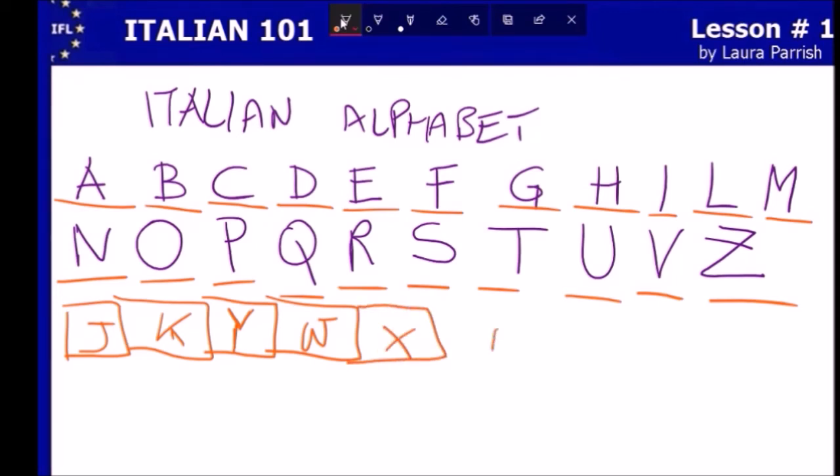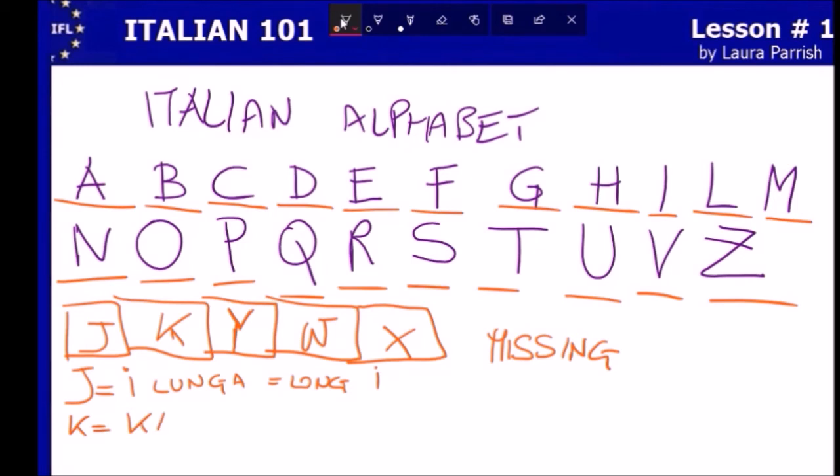So all these letters are missing in the Italian alphabet. So we don't have them. This letter, you call it J. In Italian is called I lunga. Lunga is an adjective and it means long. So basically it's long I. I lunga. This letter in Italian is called K. It's pronounced K. Okay?